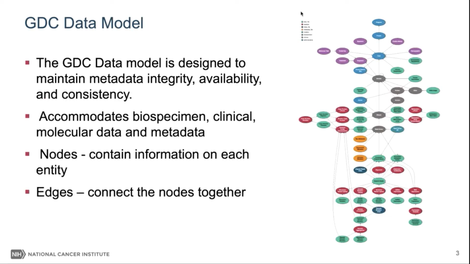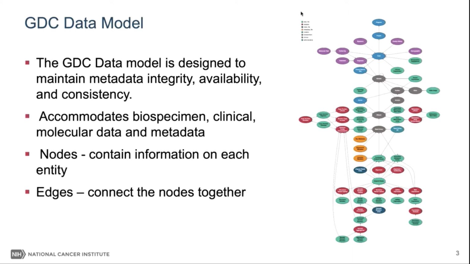So the GDC data model is designed to maintain metadata integrity, making sure the data is submitted in the correct place; availability, making sure users know where to find the GDC data; and consistency, making sure that the GDC data is the same if the data is the same.